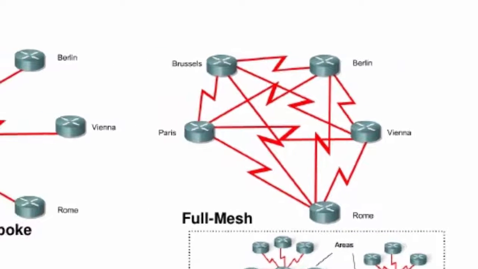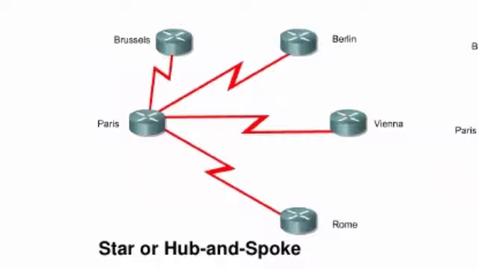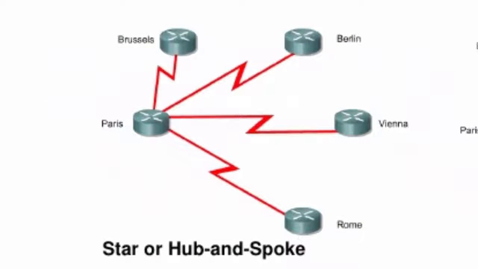A more popular design is the hub and spoke topology. The hub router is usually located at the headquarters location and connects to branch office routers in a hub and spoke fashion. The hub and spoke topology is not the best topology as far as redundancy and availability are concerned, as the hub device is the most common point of failure.